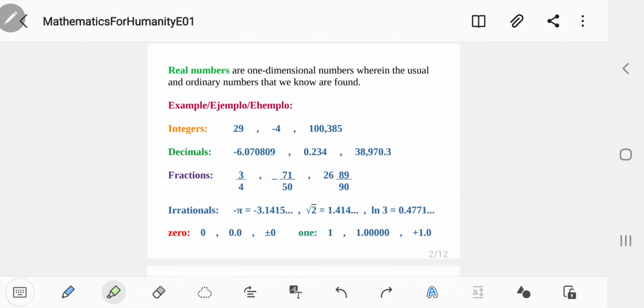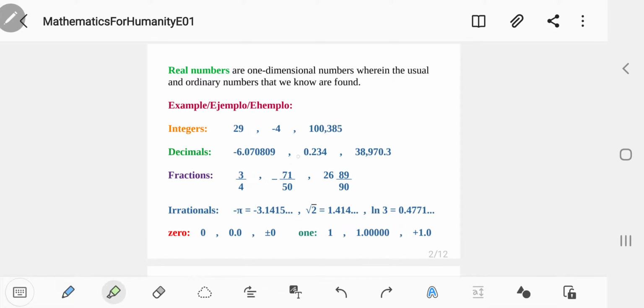In the first one you can see the numerator, which is the number above the line, and the denominator, which is the number below the line. You have 3 as the numerator and 4 as the denominator, and you can see that 3 is less than 4. And we call this a proper fraction.